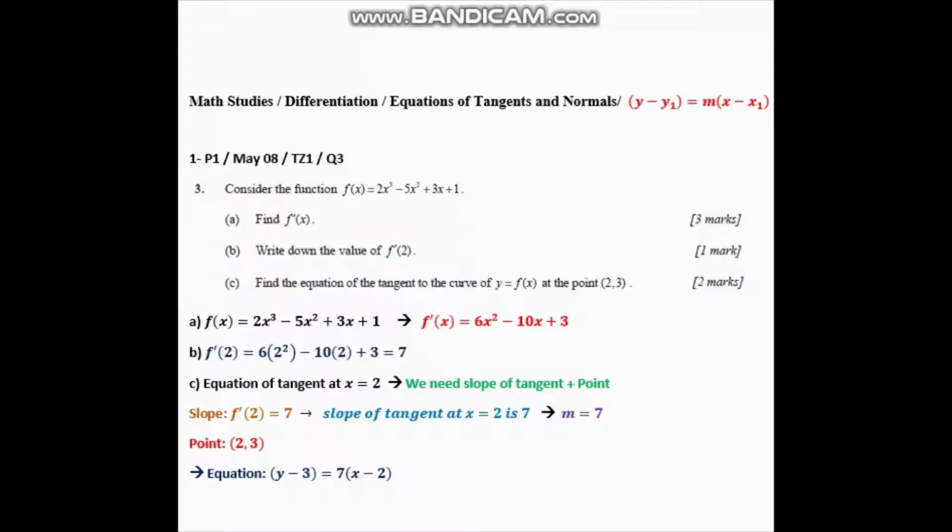And I've also plugged y1, which is the 3, into the formula. And I've plugged the slope, which is 7, into this formula at m, getting y minus 3 equals 7 times x minus 2. And you can stop there. This is a correct final answer. So take a minute to copy this down if you will, and I shall begin the second question shortly.